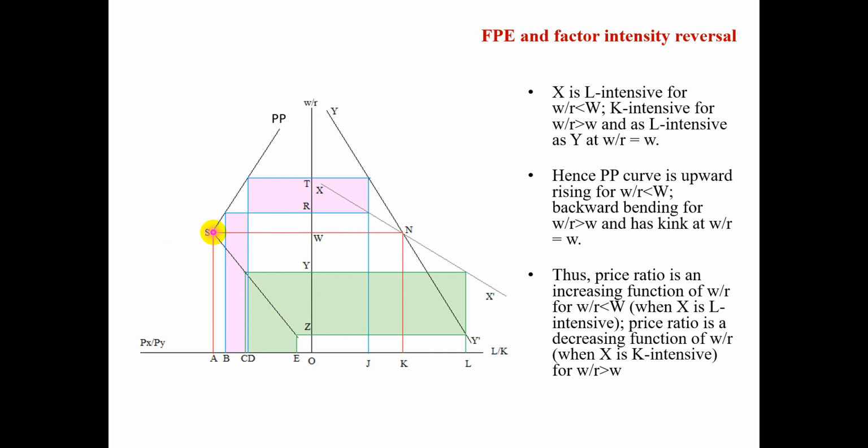And at this point of kink, the two commodities will be of equal labor intensities. So the price ratio is an increasing function of W by R when W by R is less than W, or when X is labor intensive, and the price ratio is a decreasing function of W by R for W by R greater than W.